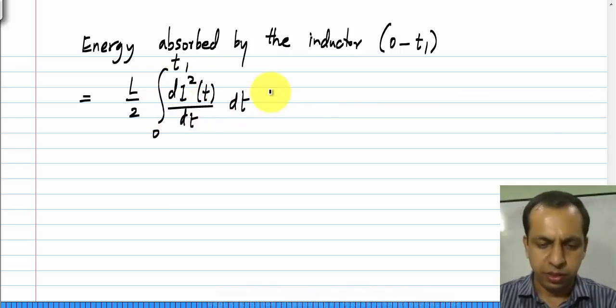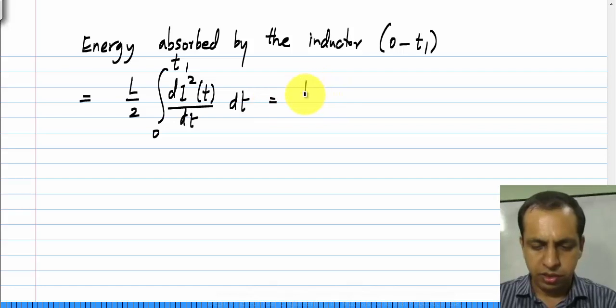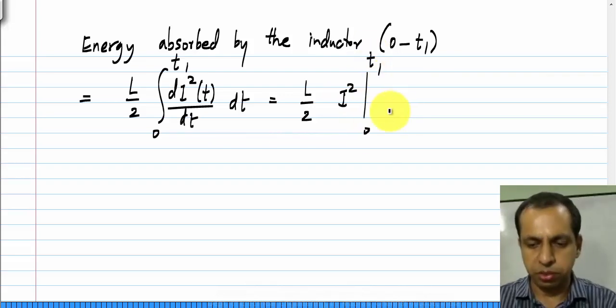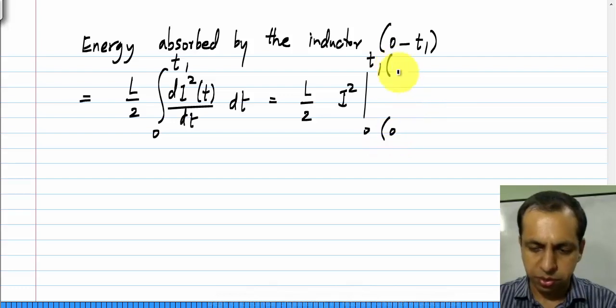So, obviously, it is the function itself, which is I squared from 0 to t1. Of course, as time goes from 0 to t1, the inductor current goes from 0 to a certain value I_L. So, this number is nothing but half L I_L squared.